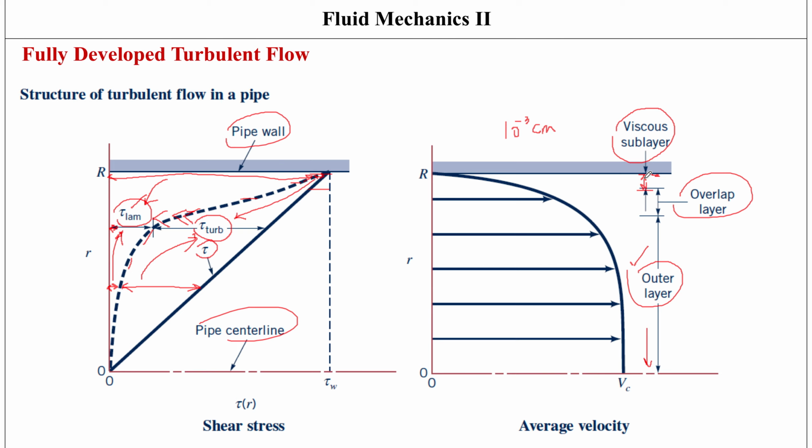But at the same time, this does not mean that the viscous sublayer is not important or that we can neglect the laminar shear stress here. Why is that? Because this is probably the most important layer when you're looking at the pipe wall, because not only do you have the wall shear stress at the wall and at the inner layer, but also the no-slip condition, that the velocity is 0 at the pipe wall, applies within this viscous sublayer.